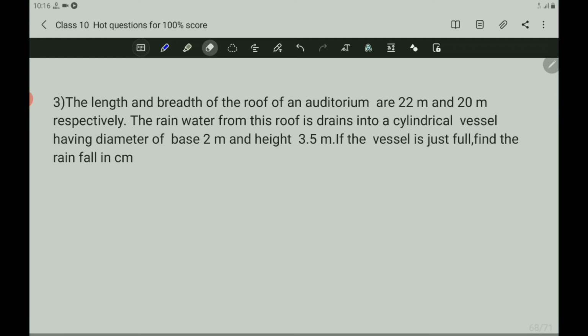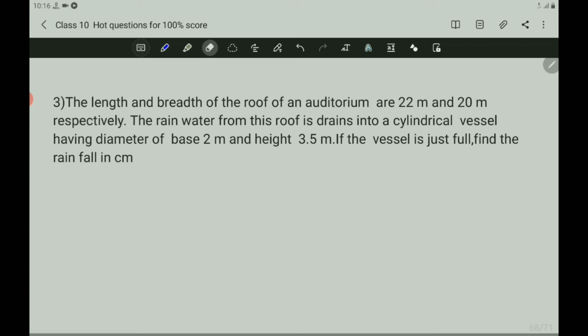So if you get the volume of the cylindrical vessel, that becomes the volume of the water collected in the roof. Length and breadth is given, and by using the formula L into B into H, and the volume of the water collected in the cylinder, you will get the height of the water collected in the roof, that is the rainfall in centimeter.